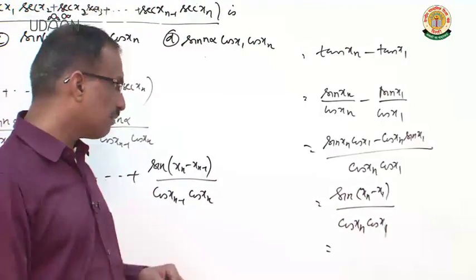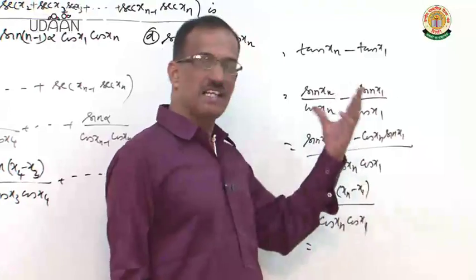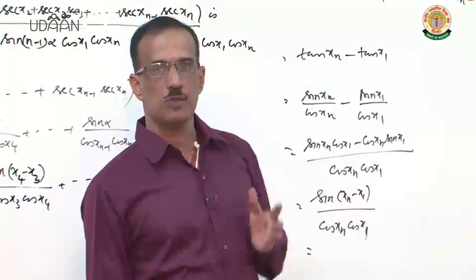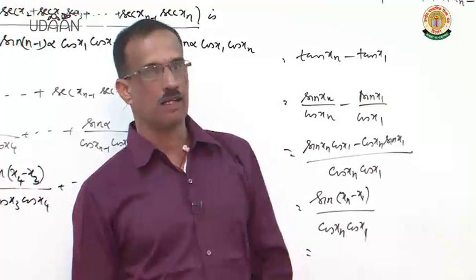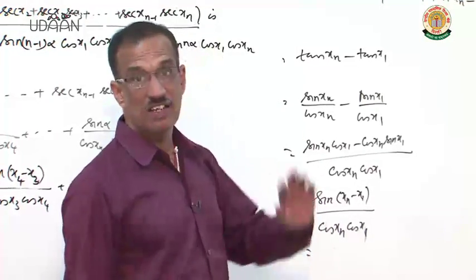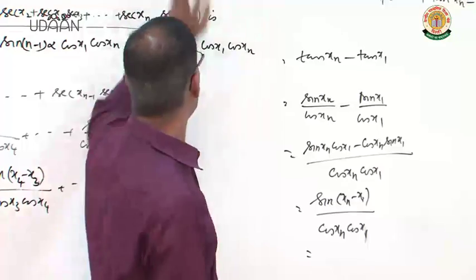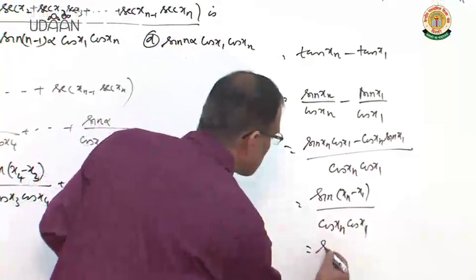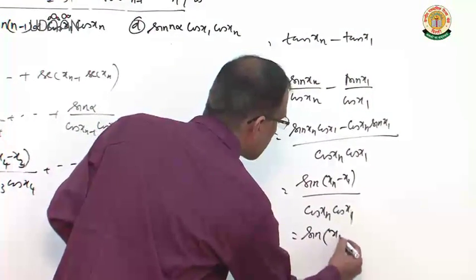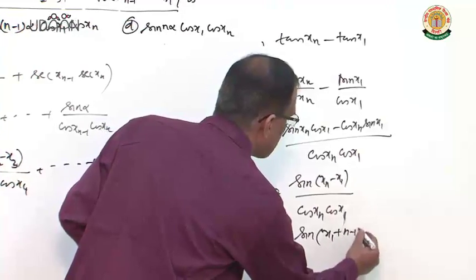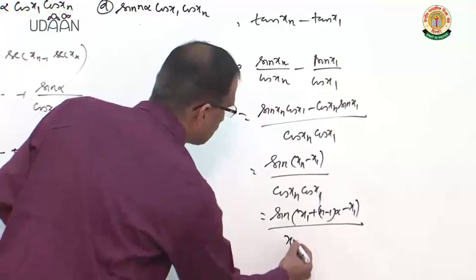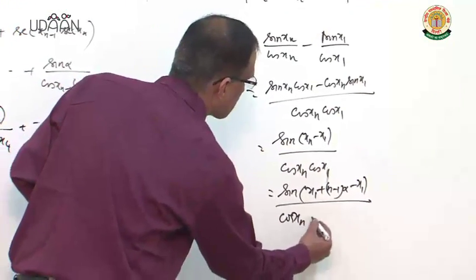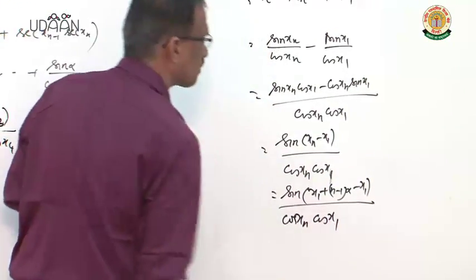Now, what is xn? That is the nth term. The nth term is the first term plus (n minus 1) into the common difference, that is d, or we have here alpha. So, we write this as sin of (x1 plus (n minus 1) times alpha minus x1) upon cos xn cos x1.